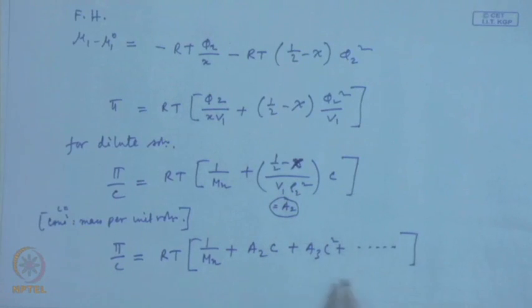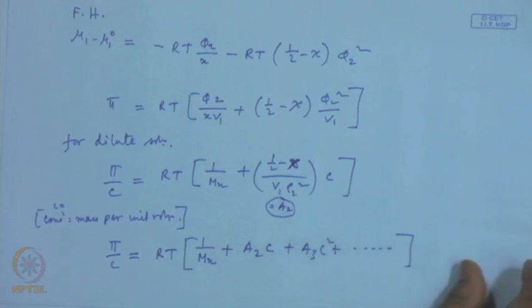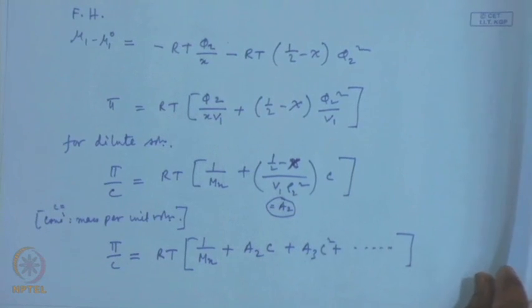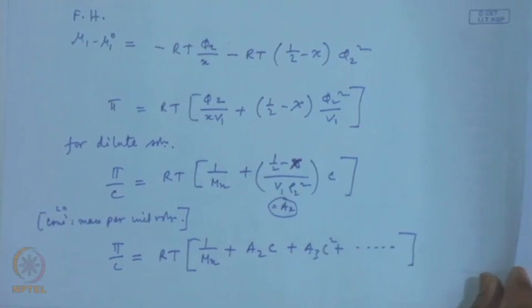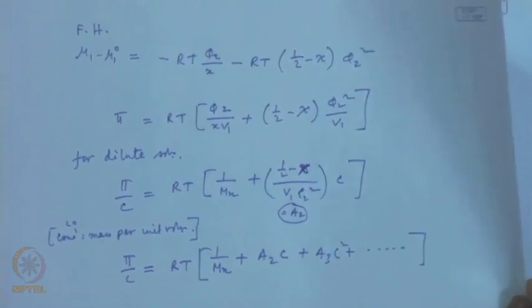So, this is the expression we can utilize to get the number average molecular weight of a polymer from its dilute polymer solution. So, what we need to do?